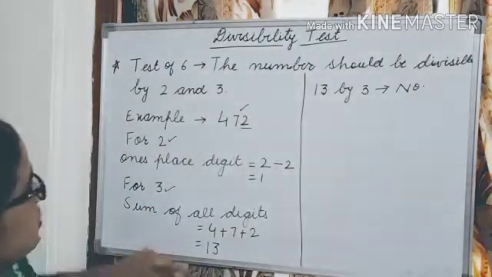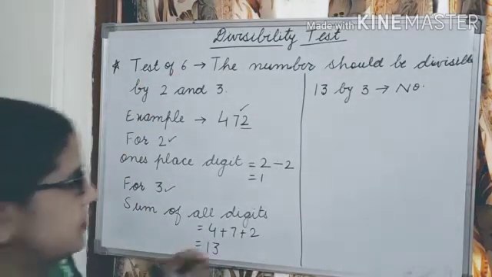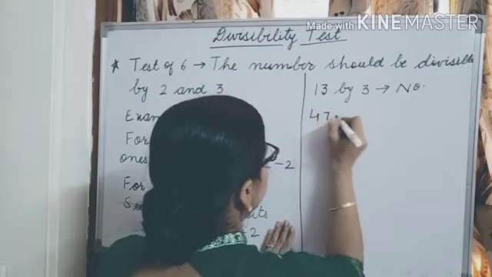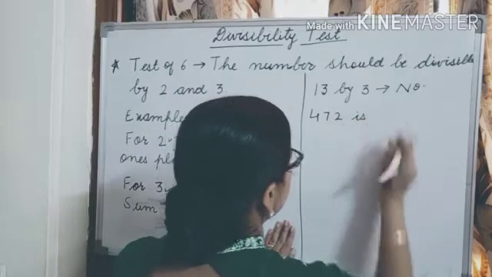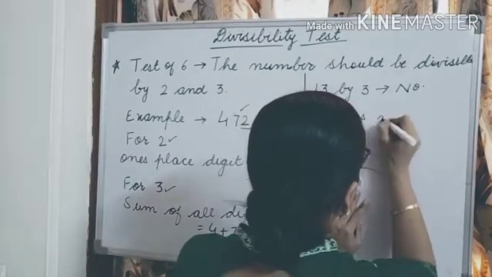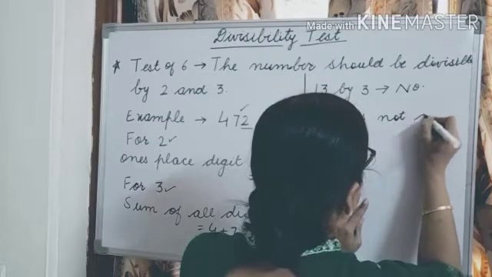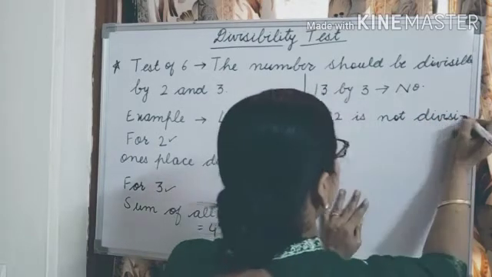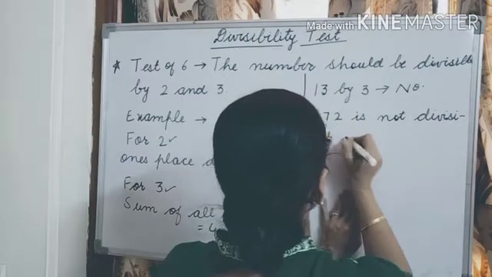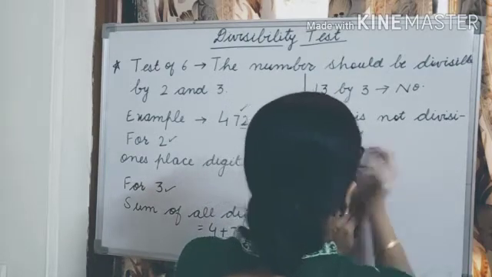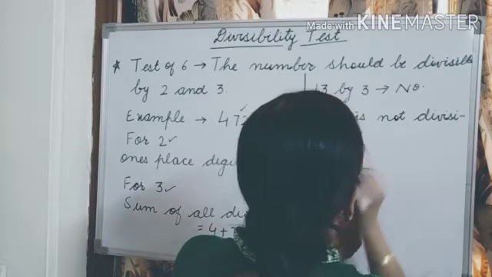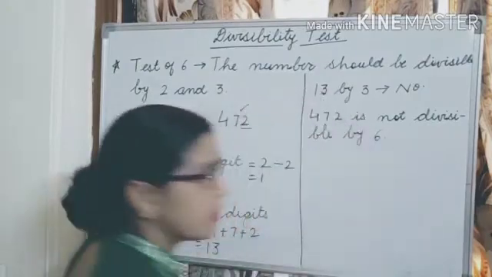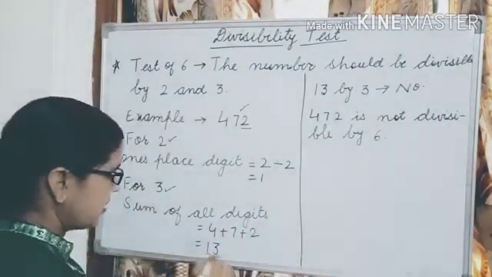It means it is not divisible by 6. 472 is not divisible by 6 because it is not divisible by 3.